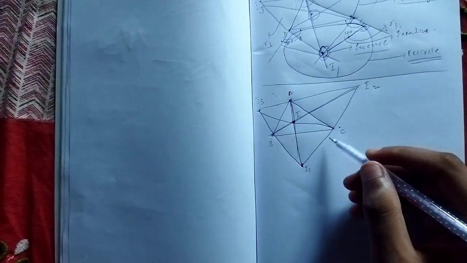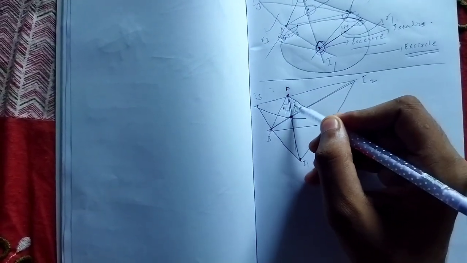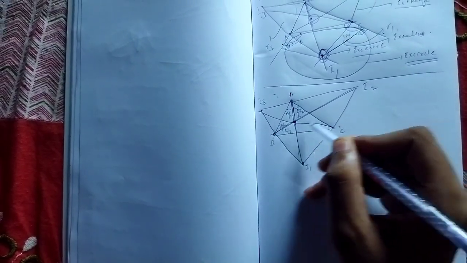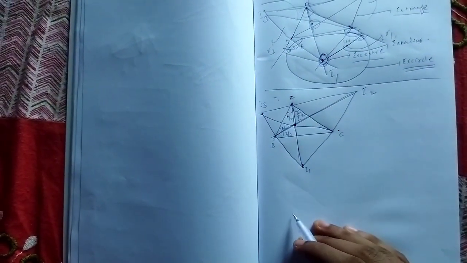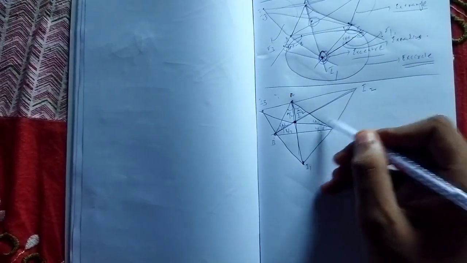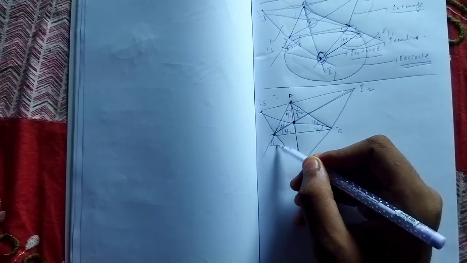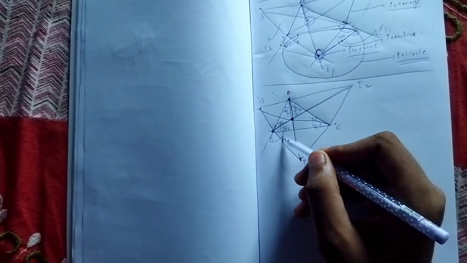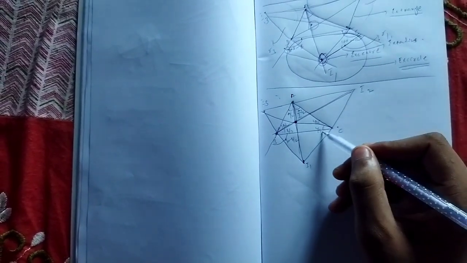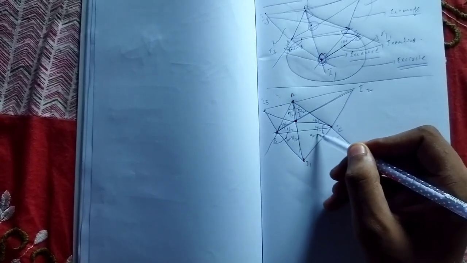This is A by 2, this is A by 2, this is B by 2, this is B by 2, right? This is C by 2, this is C by 2, as these are internal angular bisectors. This is 180 minus B, and its half is 90 minus B by 2. This is 180 minus C, and its half is 90 minus C by 2.